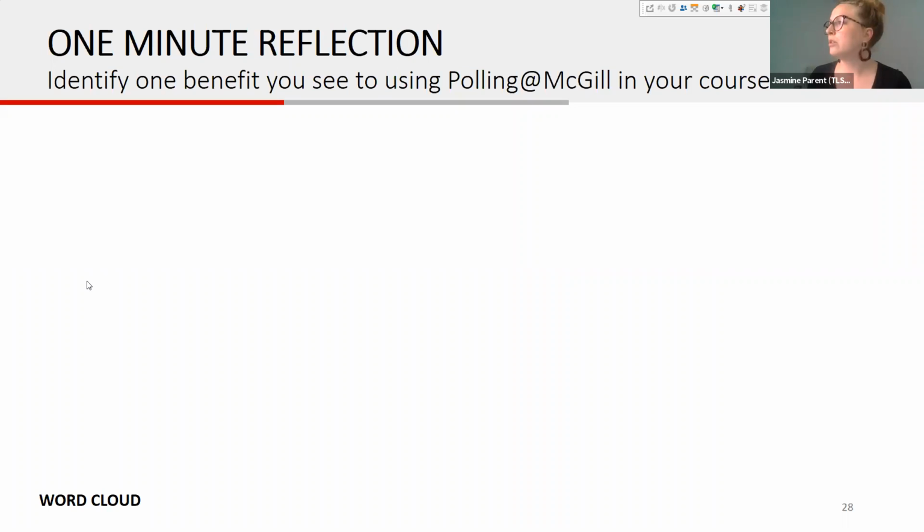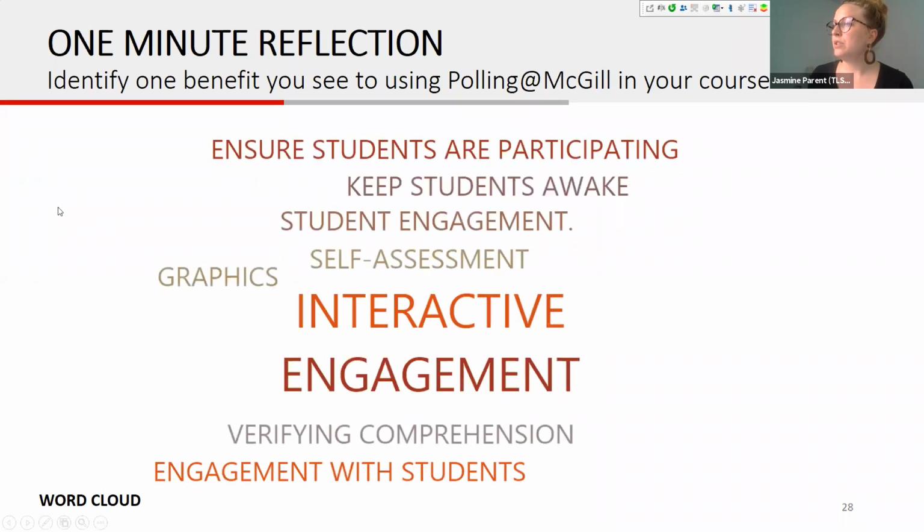You can just write a word. And when I close the poll, you can see here the collage of words. Interactive and engagement are the most commonly answered words, which is usually the response we get in previous webinars, and that's absolutely what Polling McGill can do for your course: increase interaction and increase engagement.